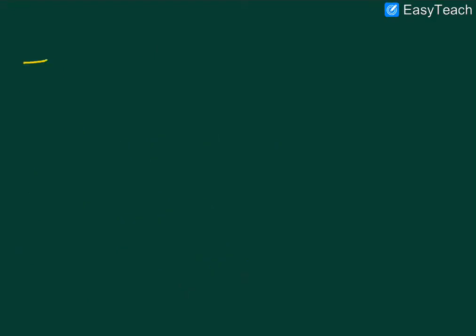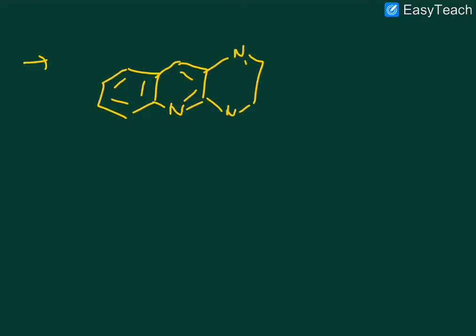Next, if both are nitrogen containing, the third rule is also not applicable, so we look at the number of rings. This system contains two rings and this contains only one ring, so the two-ring component is the base component and the other one is the attached component.